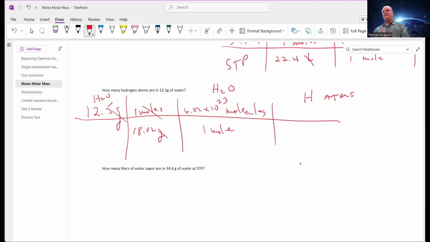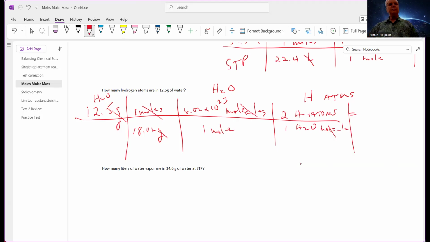Now, the last conversion factor is atoms per molecule, wheels per bicycle. So 2 H's, atoms, for 1 H2O. Now we end up with atoms.